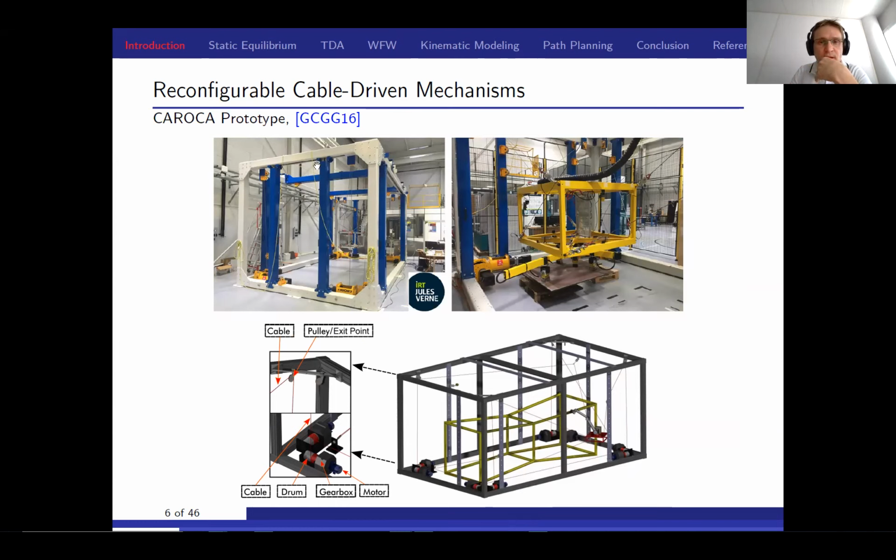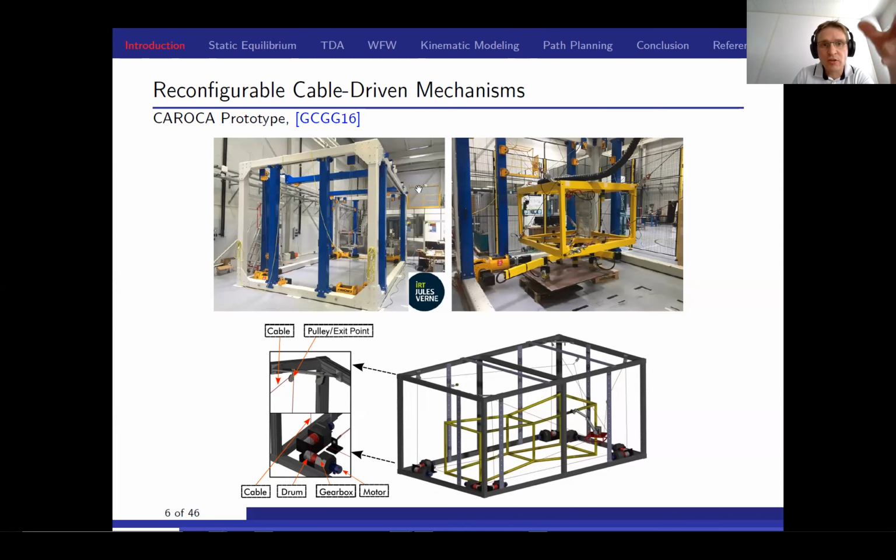With this CDPR, the reconfiguration is discrete, meaning that we can move the position of the pulleys, the cable exit points, in a discrete manner along the blue bars of this prototype, and the blue bars themselves can also be moved in their plane in a discrete manner.